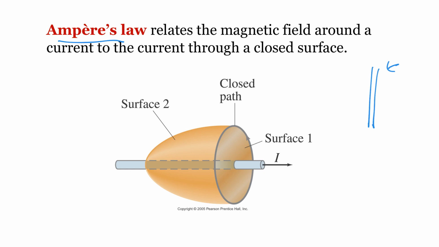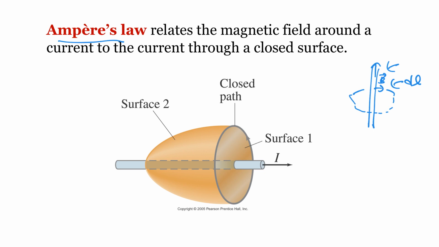Here we have a current, and we put a closed path around it, which we label as dl. To get the total magnetic field there, because B is parallel with dl, we need to integrate.